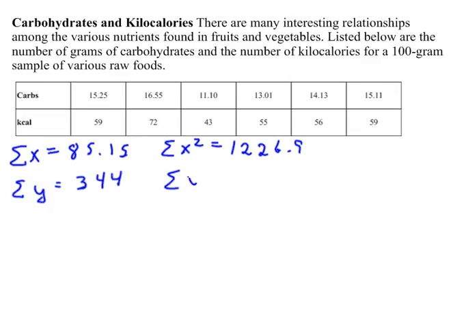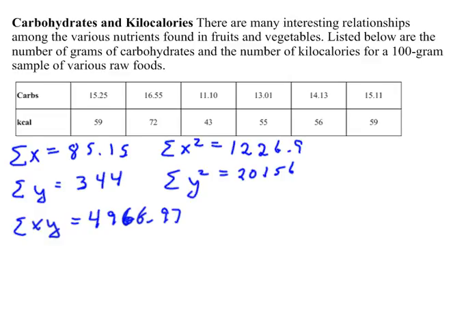The sum of your y squares, 20,156. The sum of your x's times their y's, 4,966.97. And n is 6.